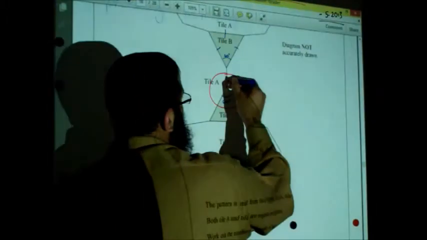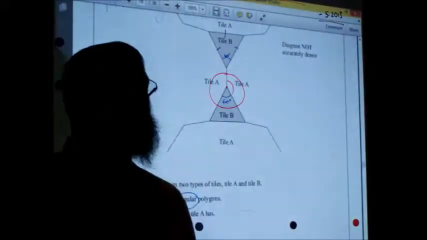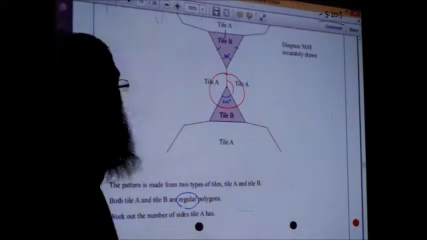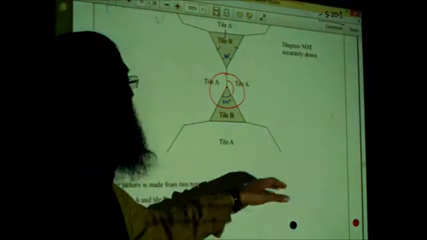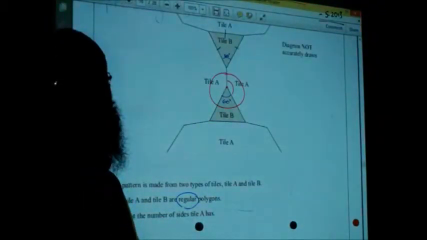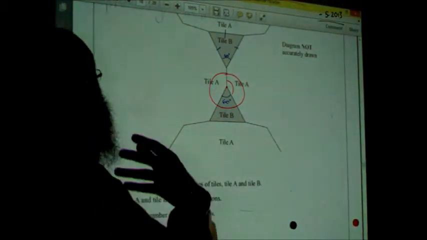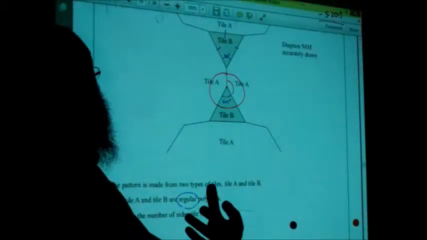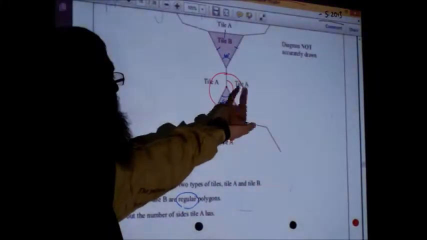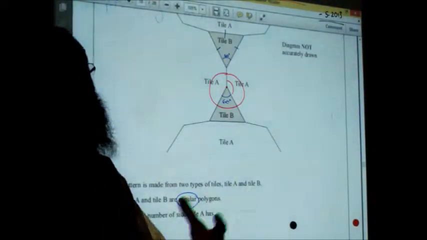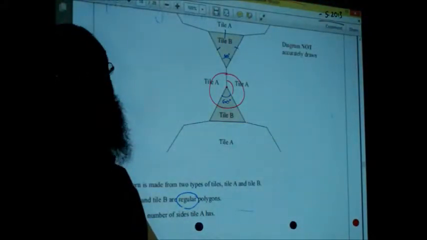This angle here, the inside of tile A, because we can't see the rest of tile A, we don't know how many sides it's got. We could just guess that it's got 8 or something, but we might be wrong. At the moment we are sure that tile B is an equilateral triangle. Each angle is 60. Tile A, the internal angle, each one, we have no idea at the moment. So we're going to call it X.